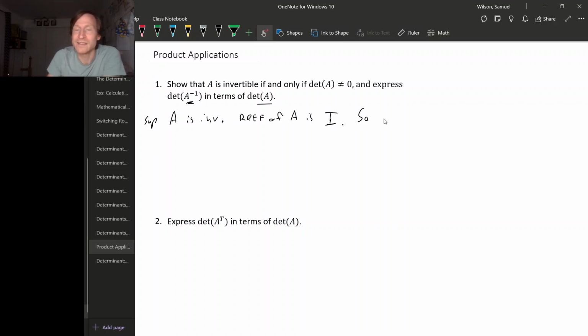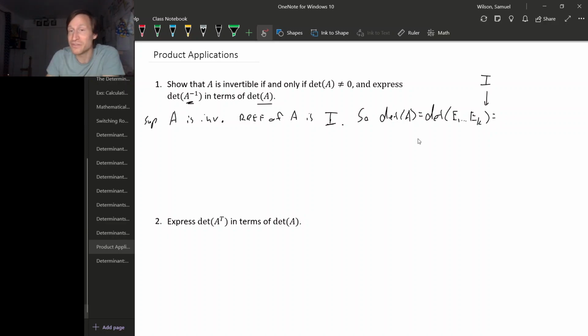Well, in that case, we can write the determinant of A as the determinant of the product of the elementary matrices that reduce A, or their inverses actually, times the reduced row echelon form, but that's the identity in this case.